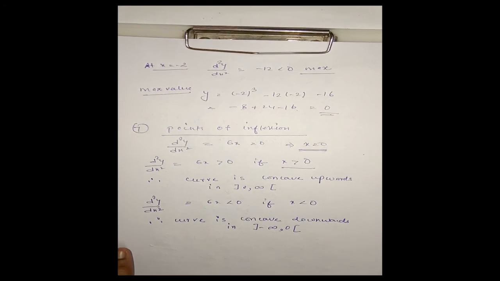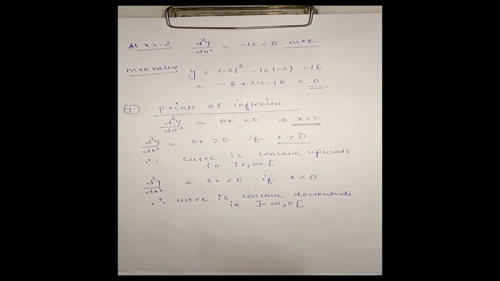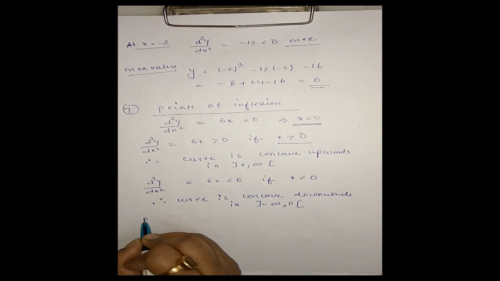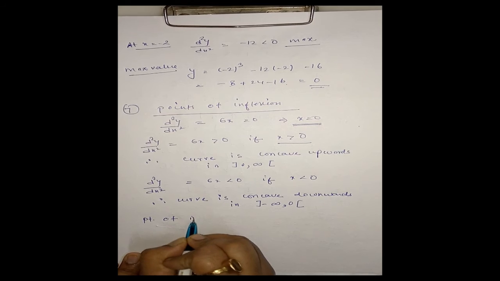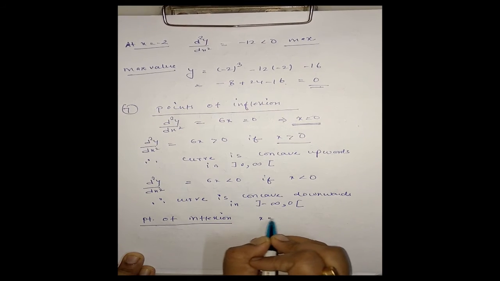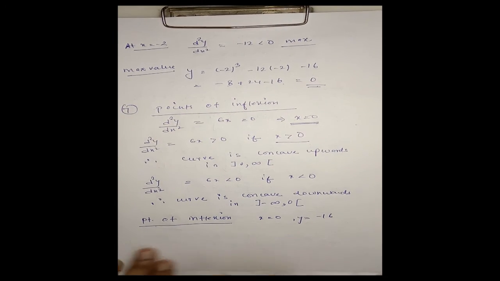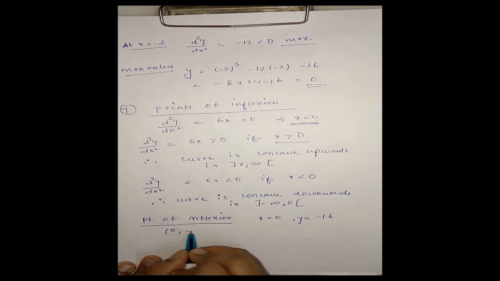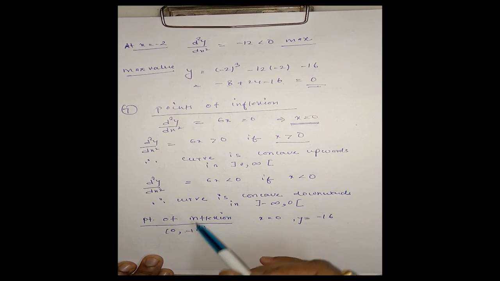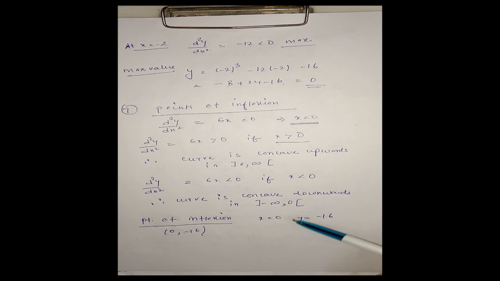Okay, and at the point when x is 0, point of inflection, y is equal to minus 16. That means at the point (0, minus 16), curve changes its nature from concave downwards to concave upwards. This is point of inflection at this point.